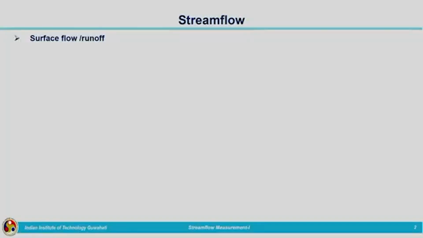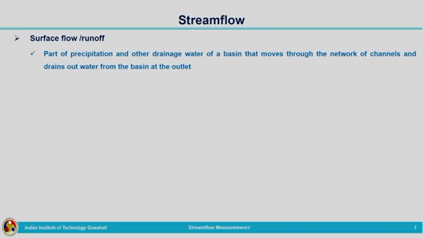So, how can it be measured? That is what we are going to see in this lecture. Surface flow or runoff, you know already what is meant by runoff. Part of the precipitation and other drainage water of a basin will be moving through the network of channels and drains out water at the basin outlet.